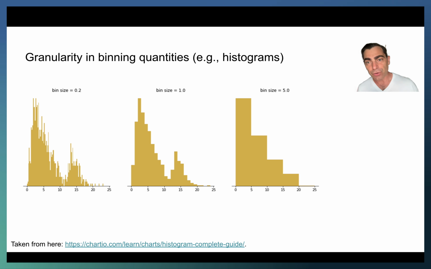Okay, so this is just to give you a sense of the fact that the granularity effect can be present with many different data types and in many different types of visualizations. And also the second aspect is that as you decide to use different levels of granularity, certain patterns become more or less apparent.